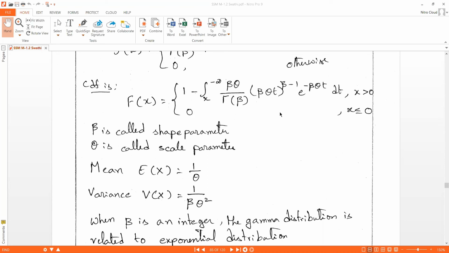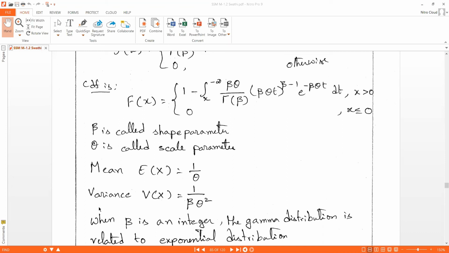Otherwise, F of x is equal to 0 for x less than or equal to 0. Beta is called the shape parameter, and theta is called the scale parameter.